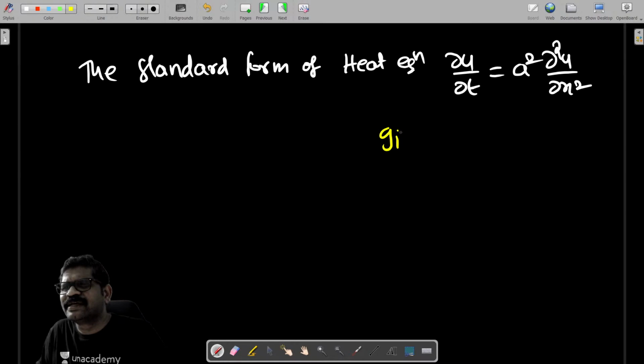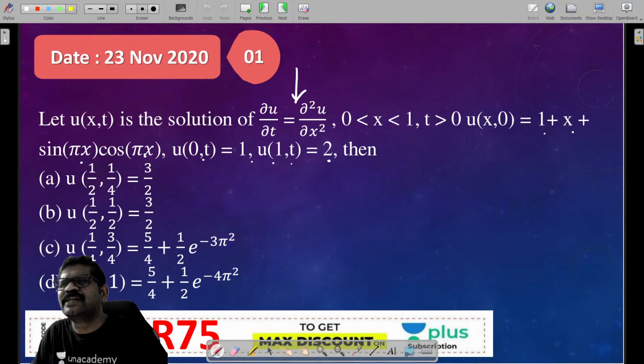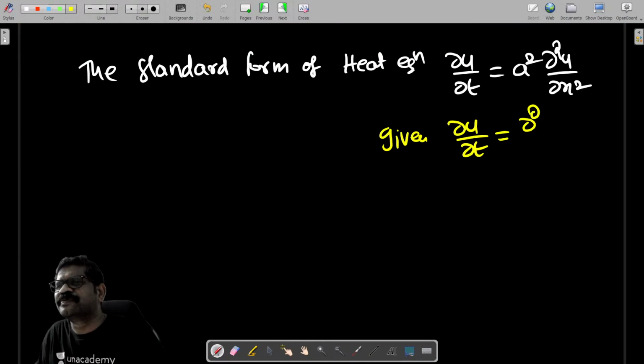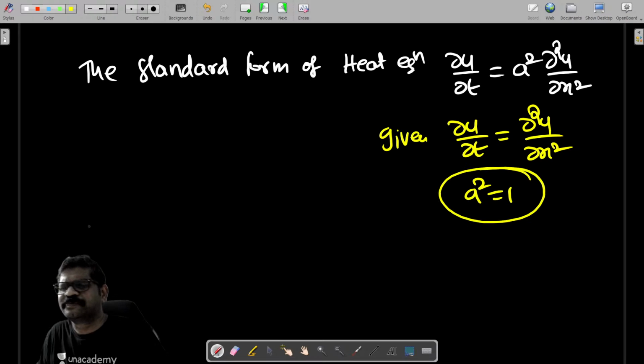Given that in this problem del u by del t equal to del square u by del x square. From this you can write a square equal to 1.